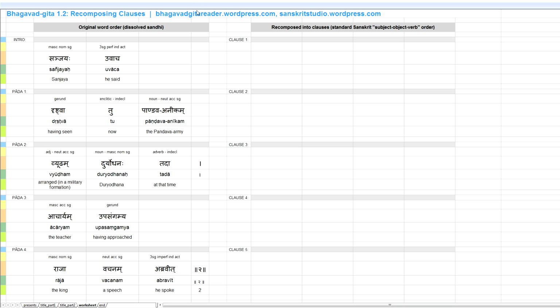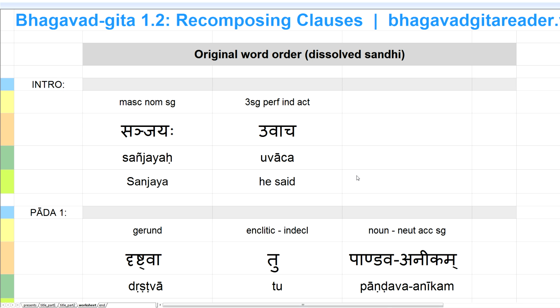Okay, so let's zoom in here to be able to see the worksheet a little bit better. Let's start with number 1. Word number 1 in the intro, which is sanjaya.